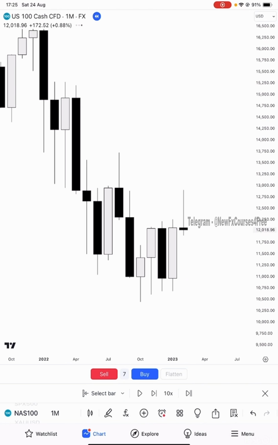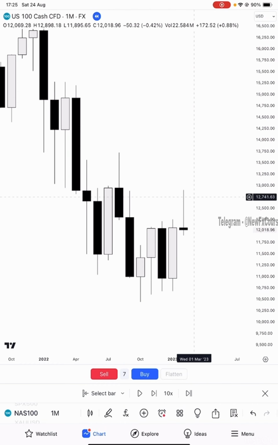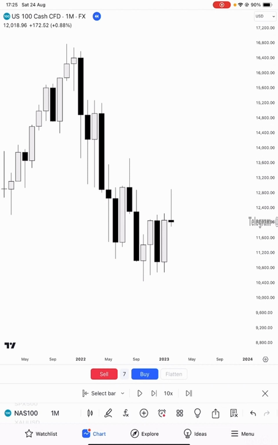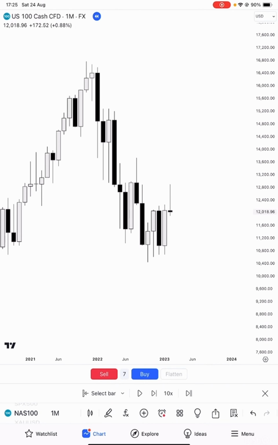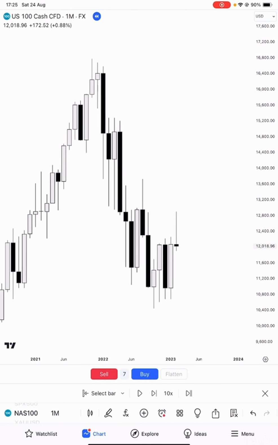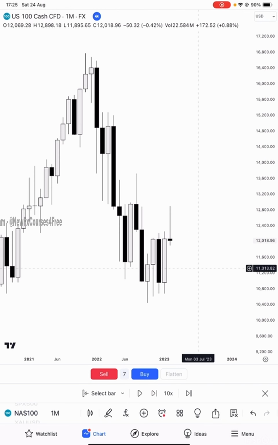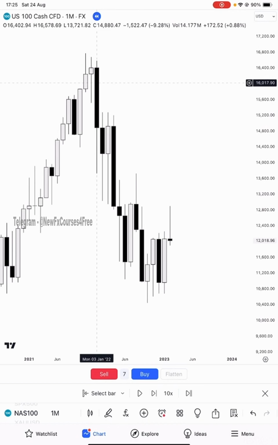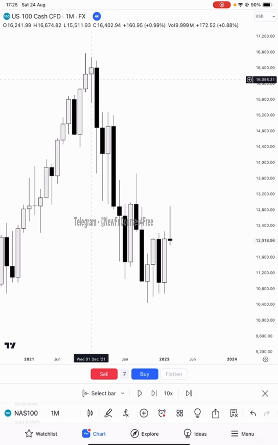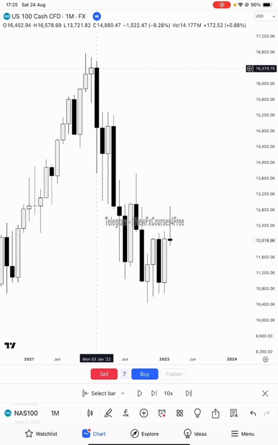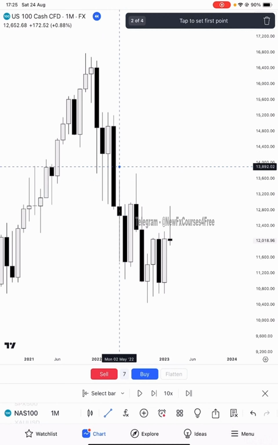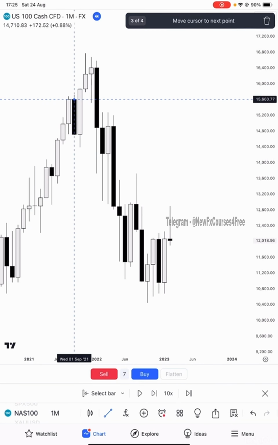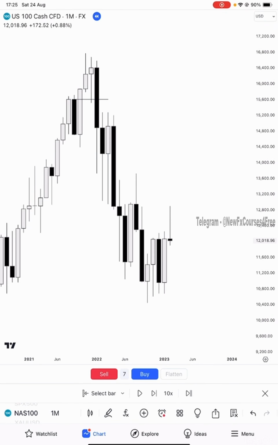So in this case, let's do the monthly bias. And if we start down there, there are specific reasons why price is going up. First of all, we are coming from a downtrending market. As you know, we are disrespecting bullish PDAs.